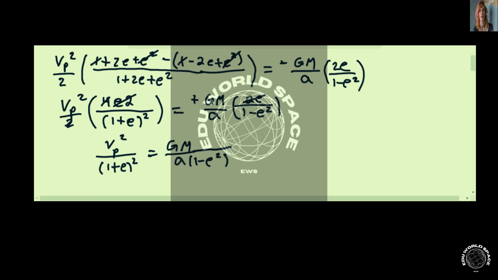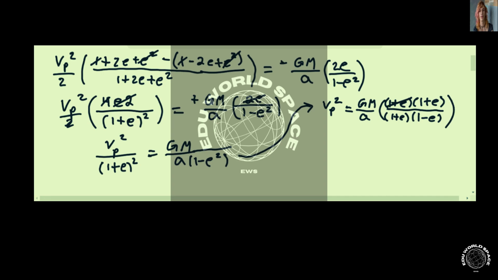Okay, so then I'm just going to take it up here actually while we've got a little bit of room. Things are getting smaller, so I can do that. VP squared. I'm going to multiply that 1 plus e squared over, and I'm going to expand it as well. So I've got gm over a times 1 plus e times 1 plus e, because it was 1 plus e squared, over the 1 minus e squared is the same as 1 plus e times 1 minus e.